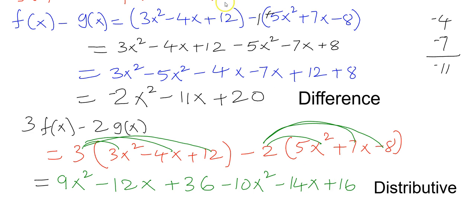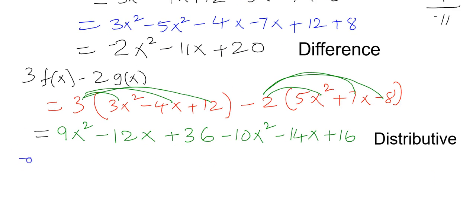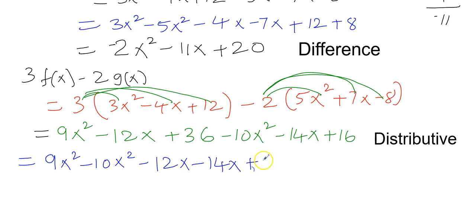Okay, now let us write the like terms together. 9x square minus 10x square, minus 12x, minus 14x, plus 36 plus 16. These are the like terms.